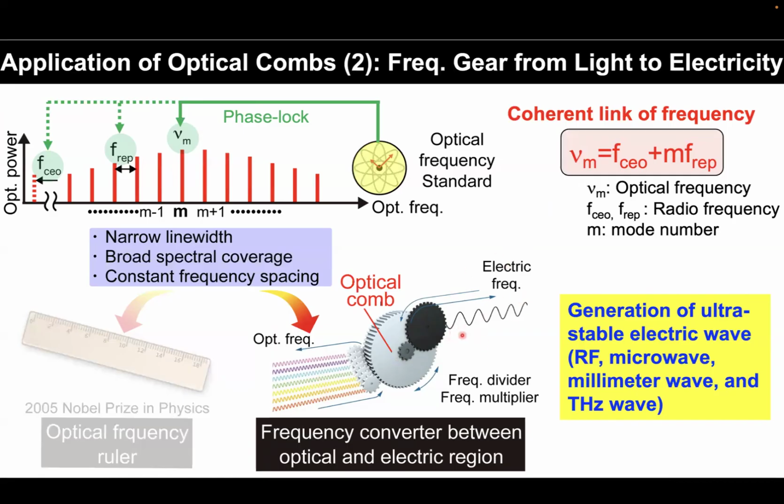Therefore, OFC can be used for the generation of ultra-stable electric waves in RF, microwave, millimeter wave, and terahertz wave. Importantly, such an electric signal is synthesized from the optical frequency standard via the optical comb.